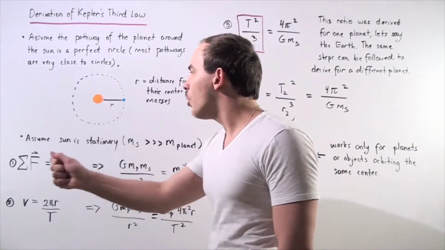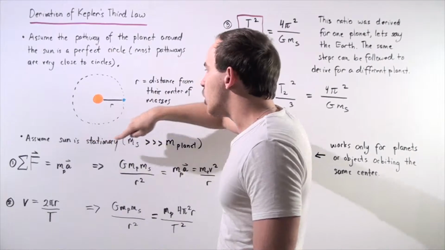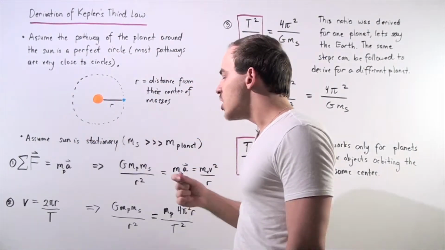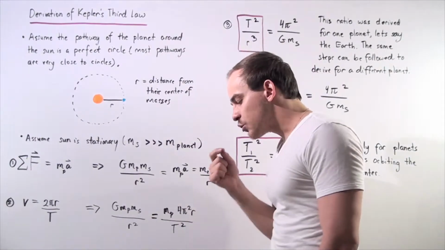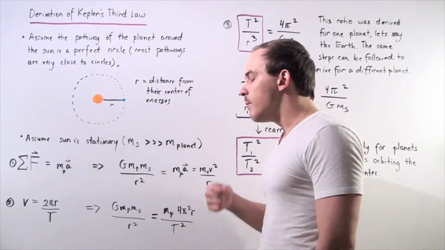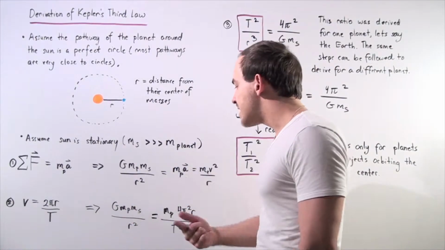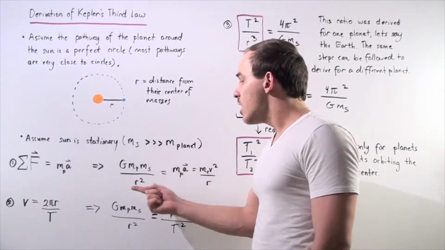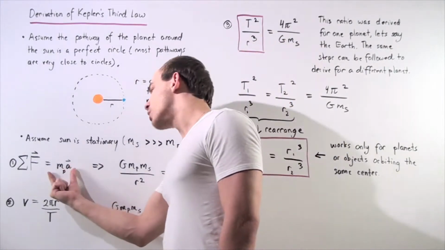The sun is pulling on our planet and it's accelerating the planet in the following circular motion. So we can rewrite the left side in the following manner. Our gravitational constant G multiplied by the mass of the planet multiplied by the mass of the sun divided by the radius of the orbit squared is equal to, well, the right side.